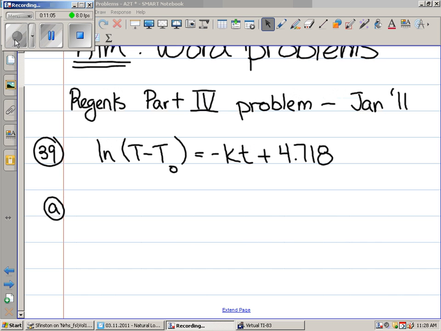So we're going to read the first part A of the problem. Temperature of 68 degrees. What variable is that? T0 is the temperature of the room. So big T0.